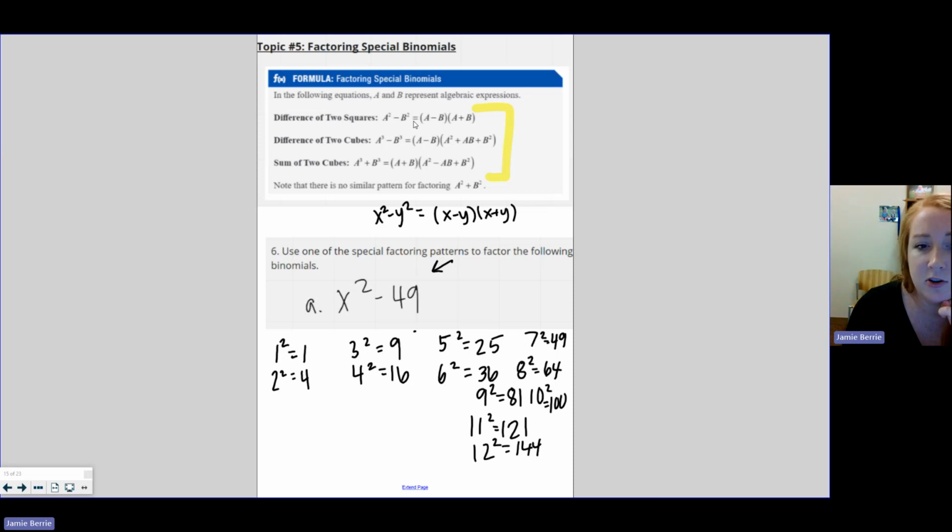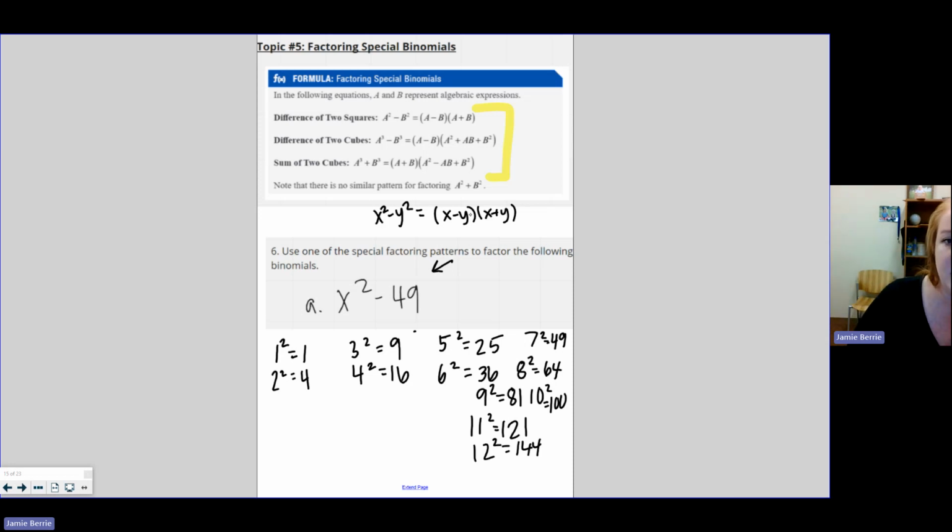And for a sum of cubes, you have a cubed plus b cubed. It's a cube, and then you're adding, so it's a sum of cubes. And that formula is very similar to the one we just read: a cubed plus b cubed is a plus b times a squared minus ab plus b squared.